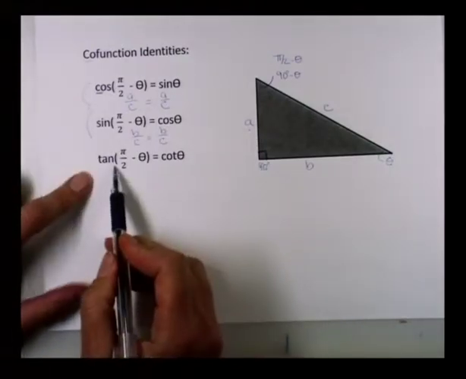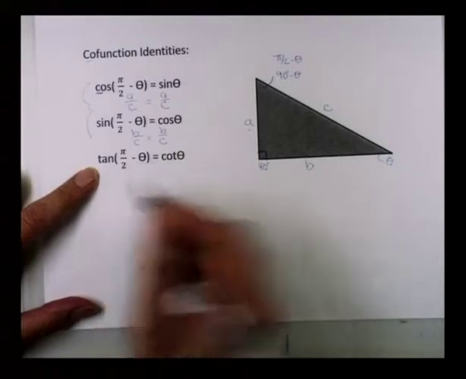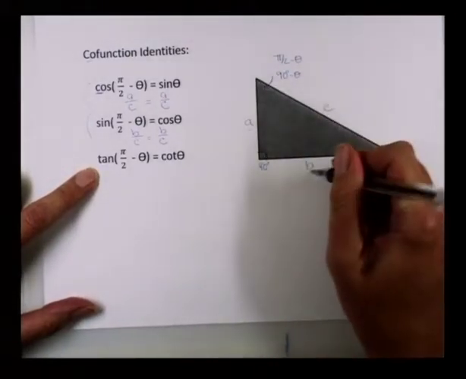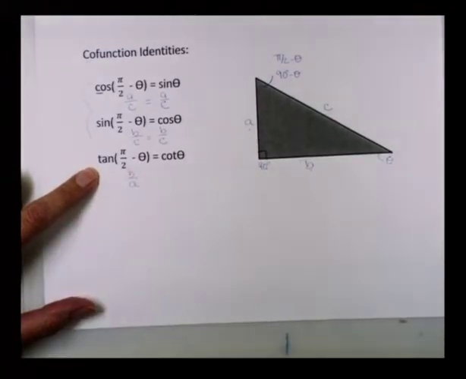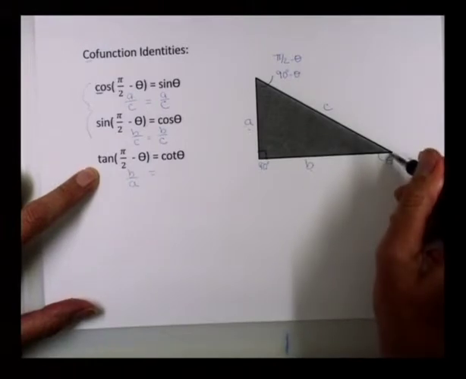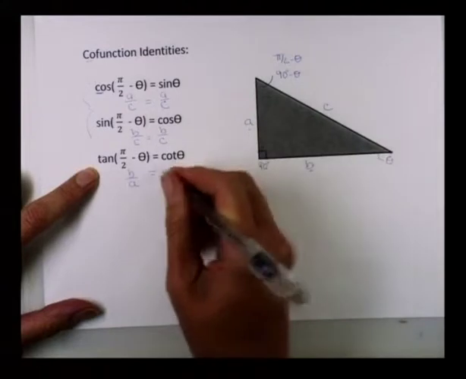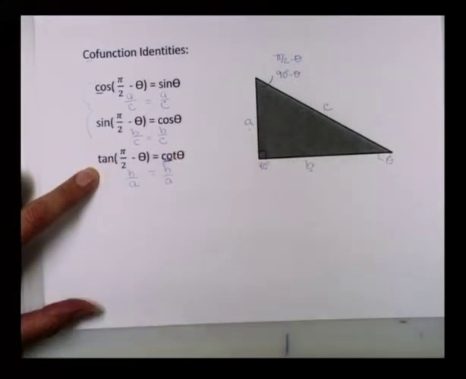With tangent, this isn't one that we're going to be using much, but I just want to show you that it holds. The tangent of this angle is the opposite over the adjacent, so this would be B over A. And if I look at the cotangent of theta, which would be the adjacent over the opposite, I also get B over A. And notice again that I have tangent and cotangent.